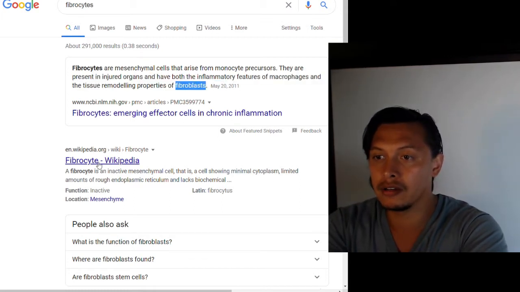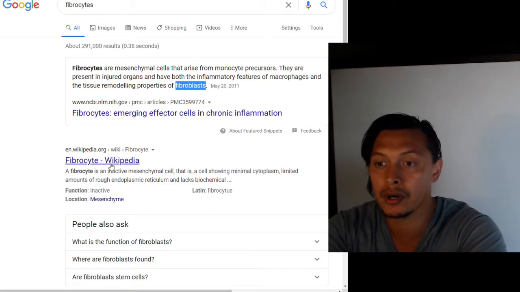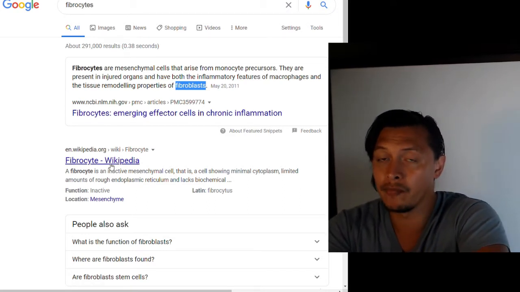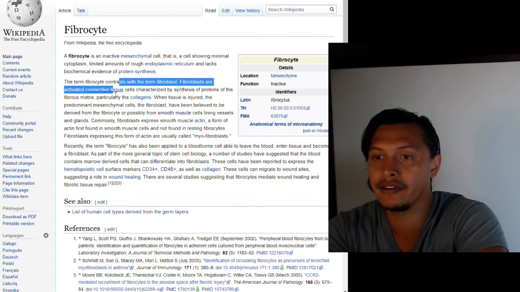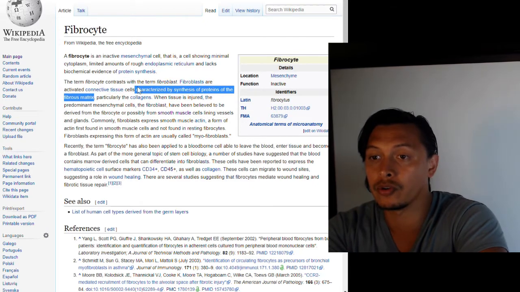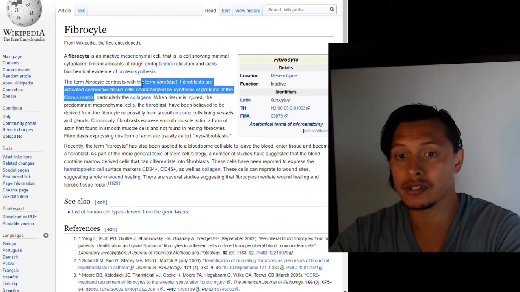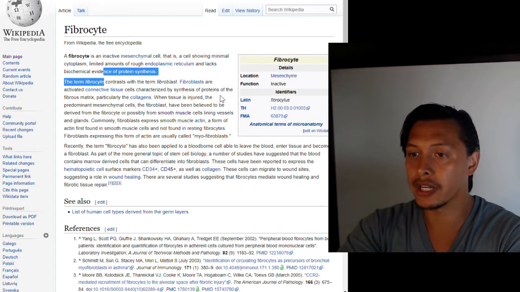So these cells are able to remodel tissue, and they can create activated connective tissue cells characterized by synthesis of proteins of the fibrous matrix. So they are able to create more of this fibrous matrix through activation. Interesting.